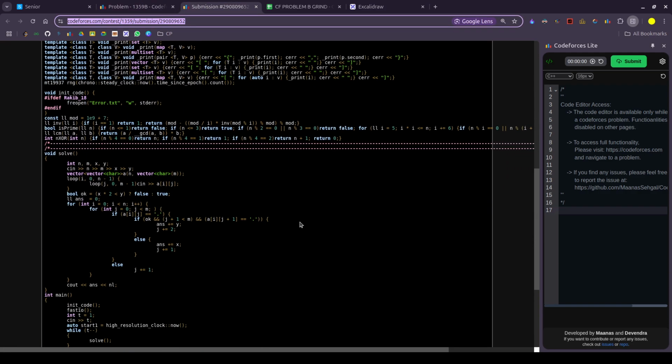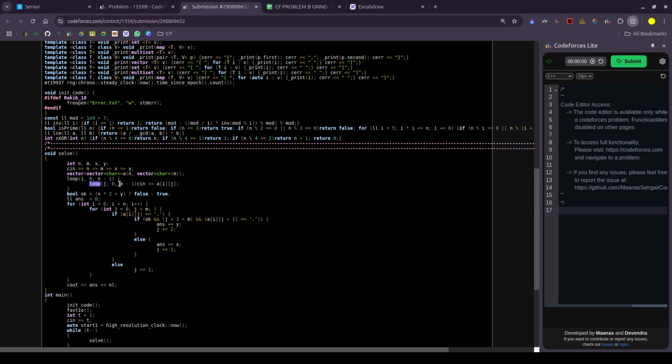So the given code: we are just taking the grid as input, and we are checking whether 2x is less than y or not. If y is less than 2x, then we check whether the two adjacent dots are the same or not.